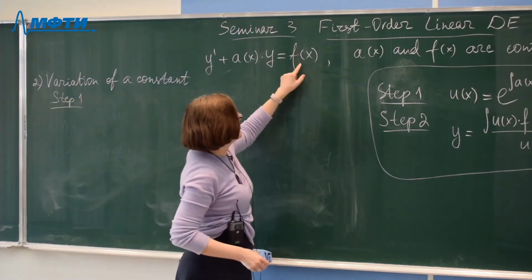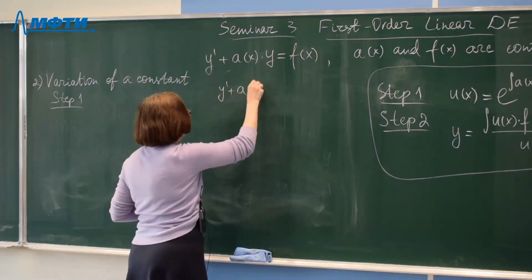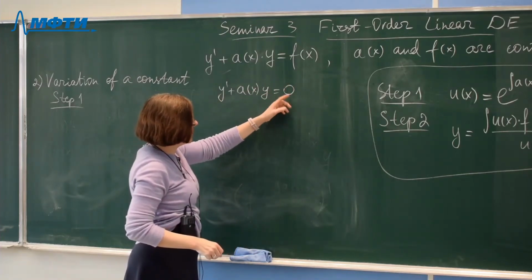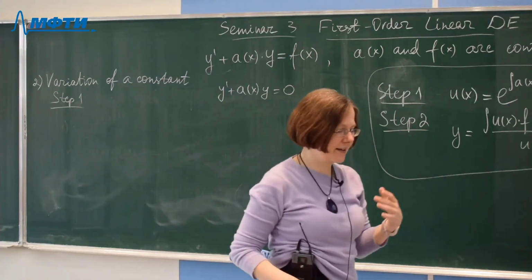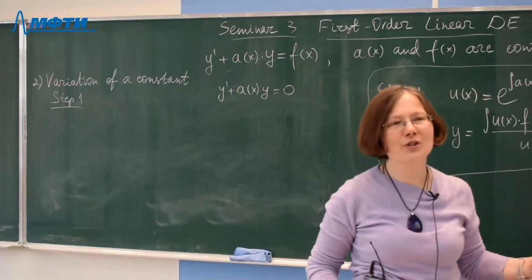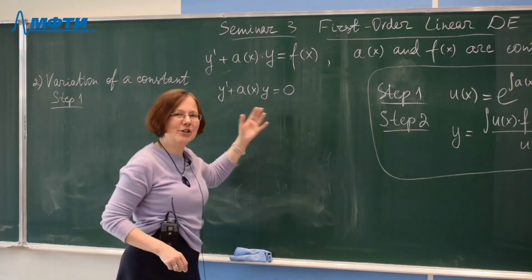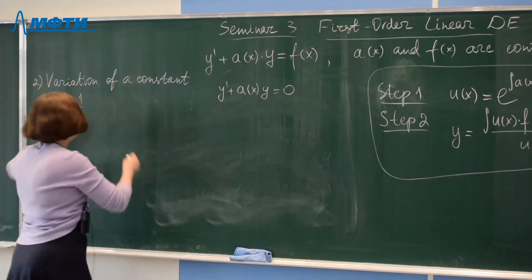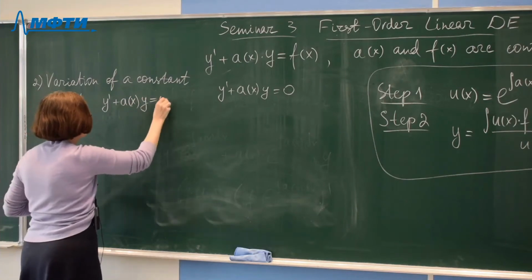If f of x equals 0, then these equations are also called homogeneous, in the same sense as in linear algebra: a homogeneous linear system with zero constant terms, right? And this equation is also called a homogeneous linear equation if f of x equals 0. So step number one is to solve this homogeneous linear equation. It is a separable differential equation.